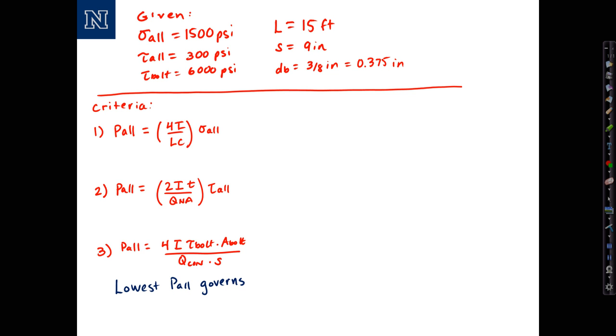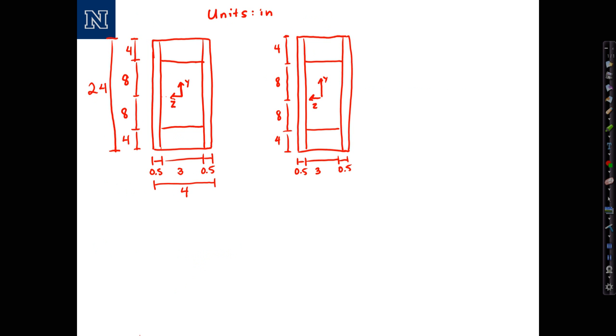So we'll go ahead and go through the calculations, starting with the first one. P allowable equals 4I over LC times sigma allowable. To compute this, we need to compute the moment of inertia for the section as well as the C value. Let's go ahead to where I've drawn a picture of the section and we can compute the geometry values that we need.